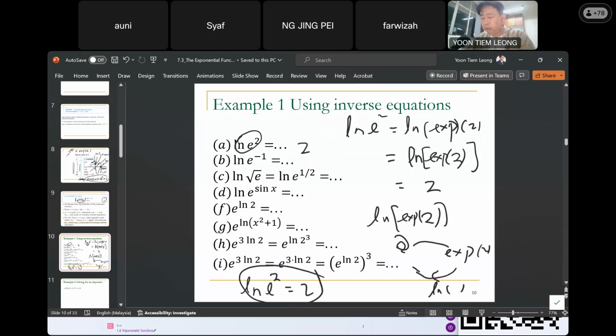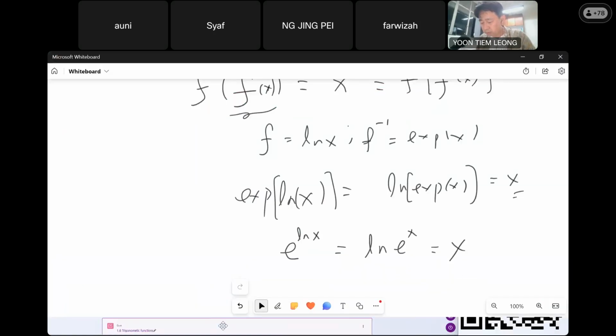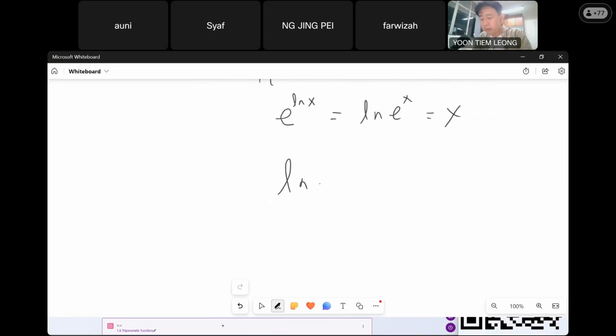You can also look at this ln e power minus 1, and then you will find that this is just equal to, okay, let me show you how to look at ln e power minus 1. Ln e power minus 1 can be taken as the log of the exponent of minus 1.